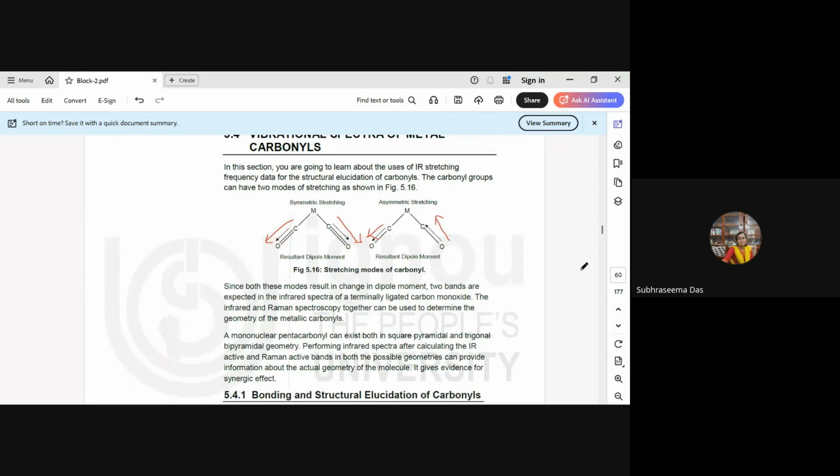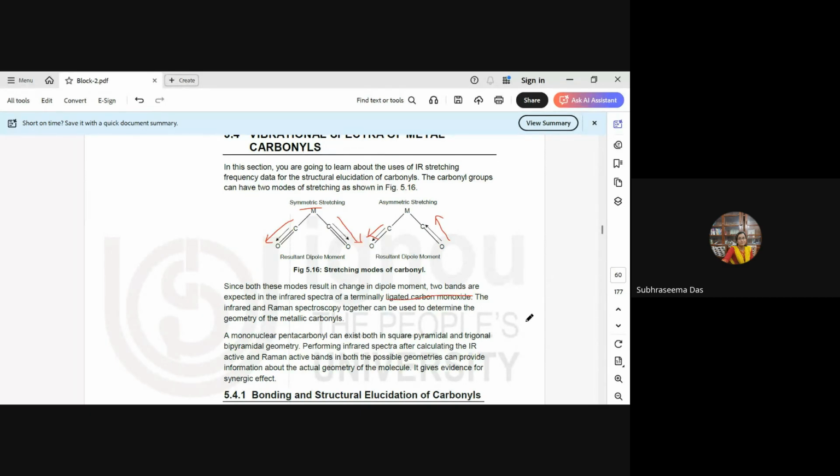Now, in both the cases, because one is symmetric stretching and the other is asymmetric stretching, both of these stretching modes result in a change in the dipole moment of the metal carbonyl. So as the dipole moment is changed, two bands are expected in the FTIR spectra of a terminally ligated CO molecule.